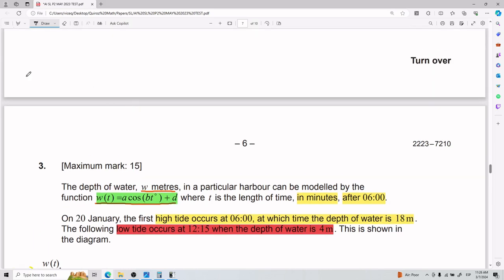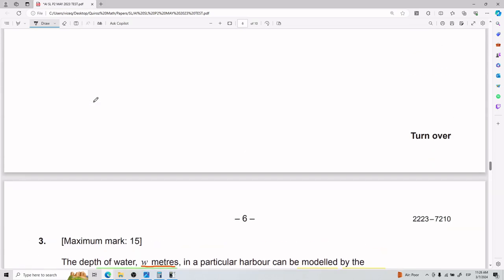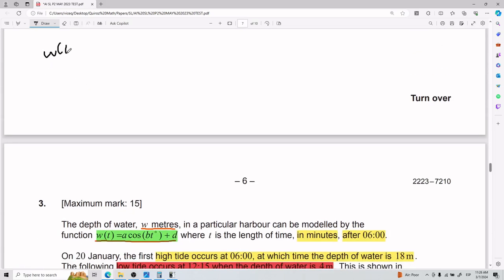So when you have this equation here, W(t) equals A cosine(Bt) plus D, there's a couple of things that we really need to understand. First things first, this A, every time it's in front of the cosine multiplying, it's what we're going to call the amplitude.